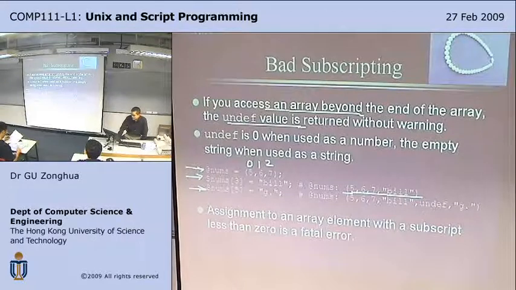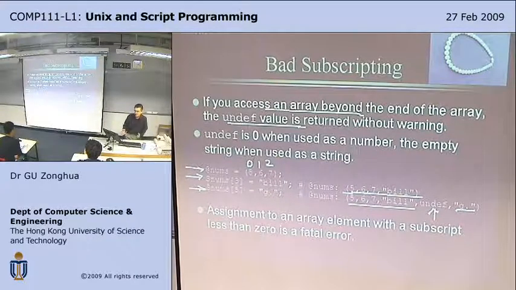And you assign 5 to G dot, then you get bill and the 5th element of G dot, and this guy is undef. That is because nums 4 is never assigned, so it's undef. So here you see that Perl is very permissive, while in C, if you make the same mistake, it will give you a fatal error if you access an array beyond its end of the subscript.